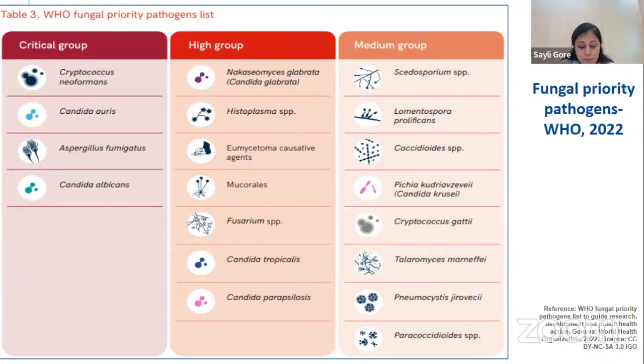They are also responsible for infections which have treatment challenges and are associated with high morbidity and mortality. WHO has systematically prioritized them into critical, high, and medium level groups, with an aim to strengthen the global response to tackle fungal infections and resistance.